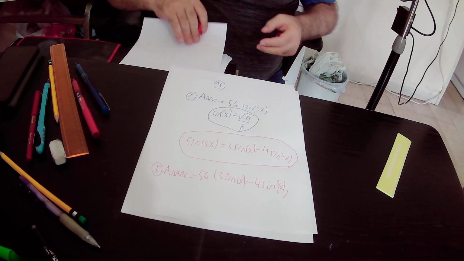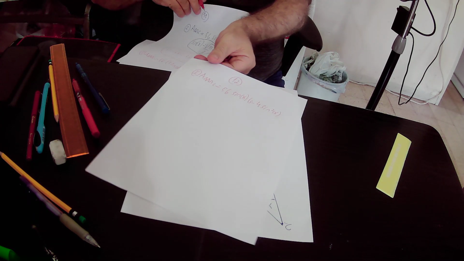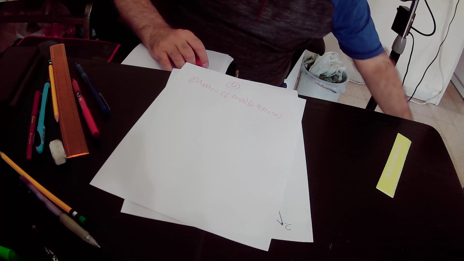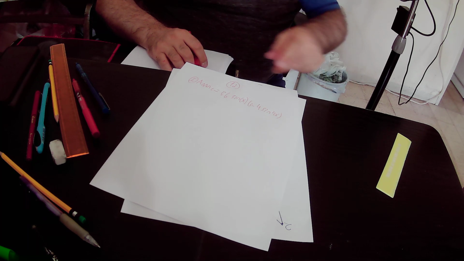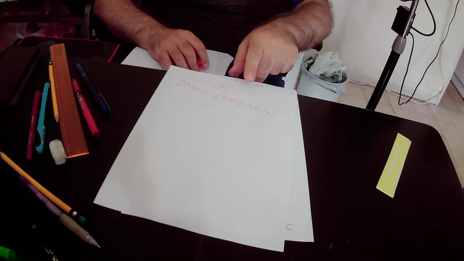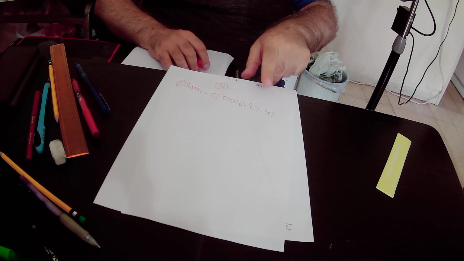So in total we got that the area of triangle ABC equals 56 times sine x. In the brackets we have 3 minus 4 sine square x.